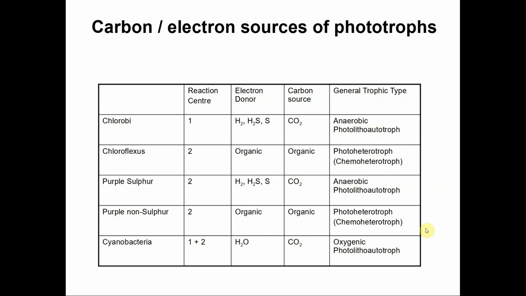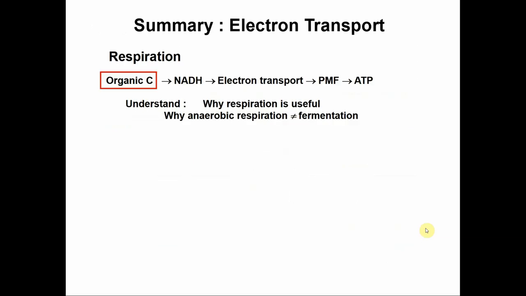Okay, so that's it for photosynthetic bacteria, and this is the last summary slide of the different types of energy metabolism that bacteria perform. In respiration, the energy metabolism works like this. The source of everything is an organic source of carbon. Its oxidation results in the reduction of NAD+ to NADH.